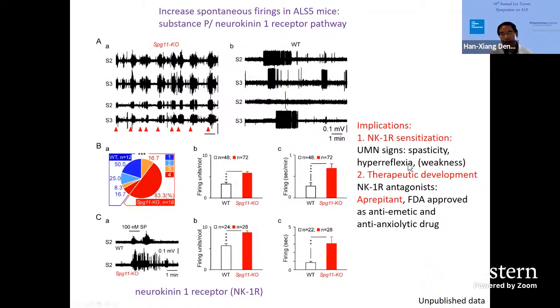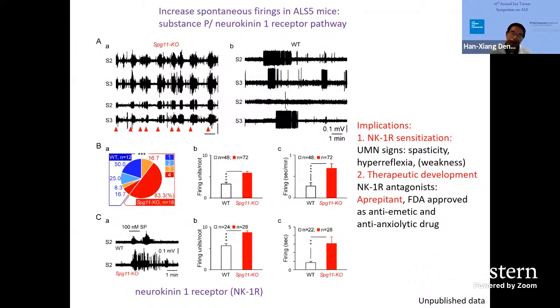And therapeutically, theoretically we can use a neurokinin 1 receptor antagonist to block or partially block this sensitization of the receptor.